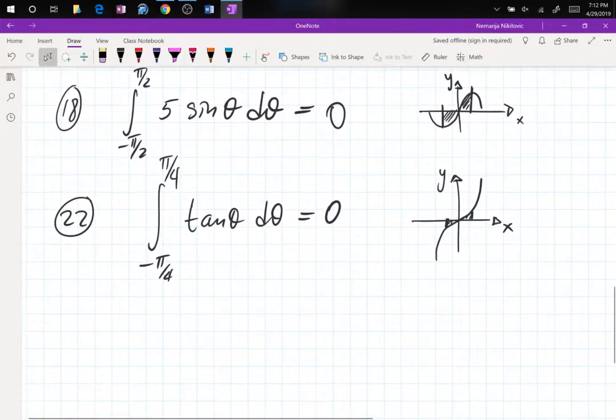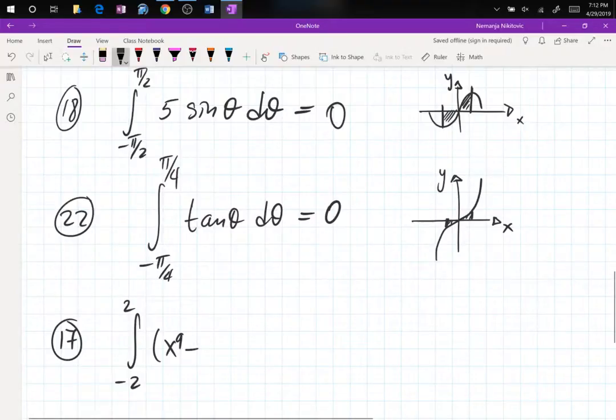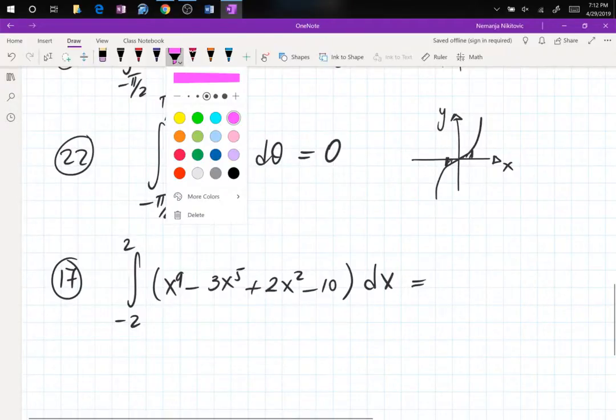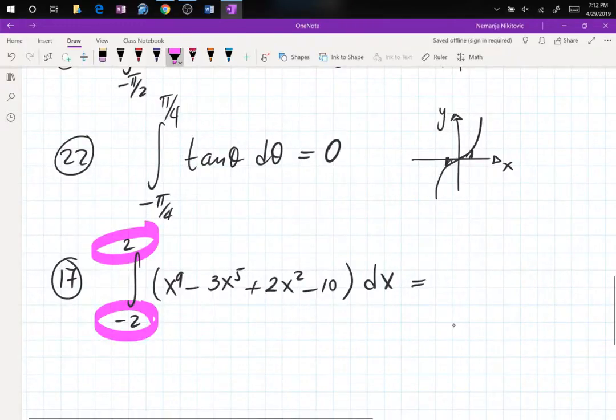Now, one problem that I really liked is the integral from negative 2 to 2 of x to the 9 minus 3x to the 5 plus 2x squared minus 10 dx. All right. Again, the most important part is that you have this symmetric interval.